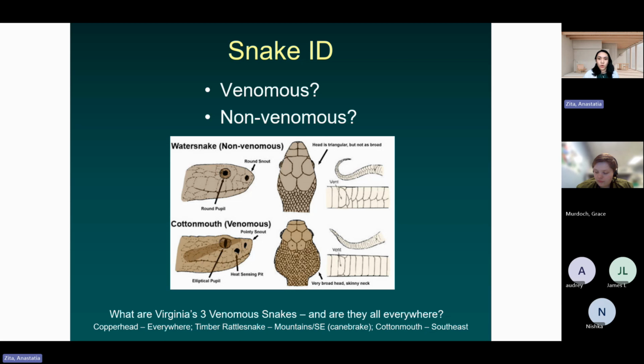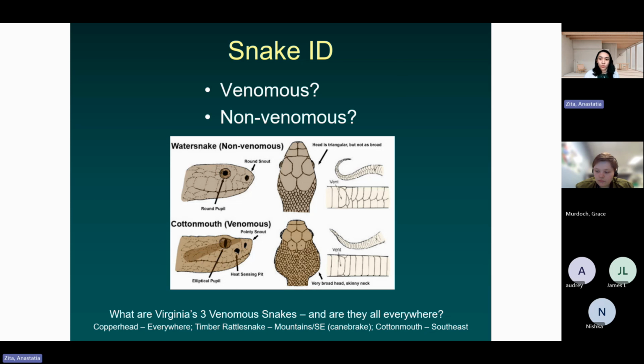When a warm-blooded animal, like a mouse or a bird, is nearby, the heat sensing pits can detect the heat that is radiating from their body. The pits then send a signal to the snake's brain, which allows the snake to locate the prey and strike even in the dark. The heat sensing pits are incredibly sensitive and can detect very small temperature changes. So that makes for a very powerful tool for vipers and pit vipers.